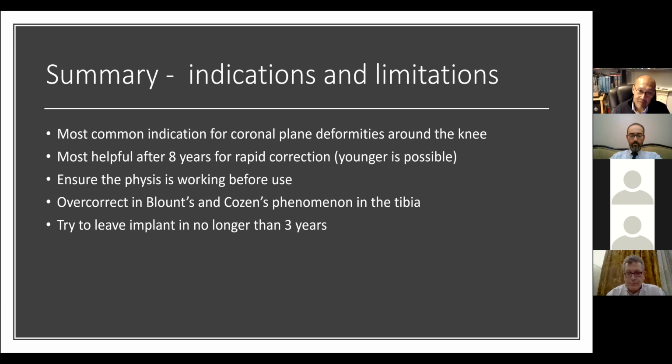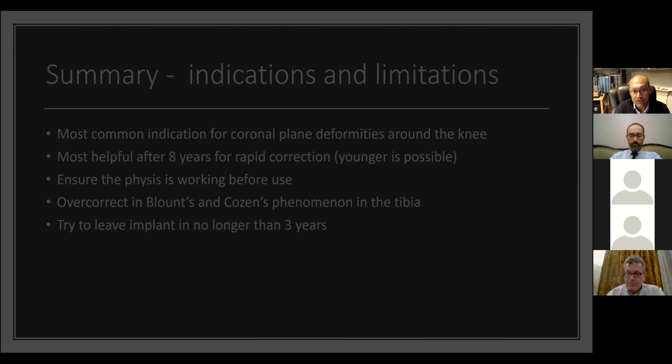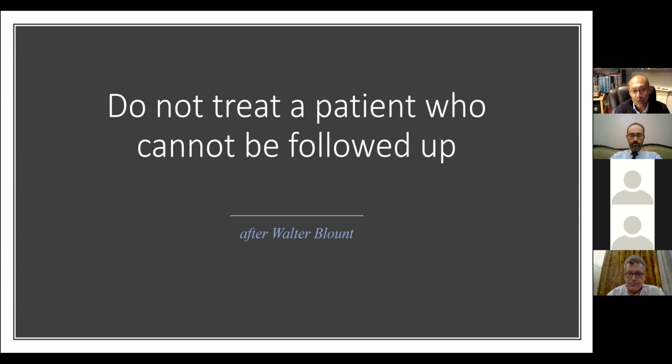The most important message that I should leave with you at the conclusion of this presentation is do not treat a patient who cannot be followed up. And this was advice given by Walter Blount. If you have treated many patients using guided growth, you will almost certainly have come across a patient who failed to attend a follow-up appointment only to turn up 6 months to a year later and find that they've overcorrected.